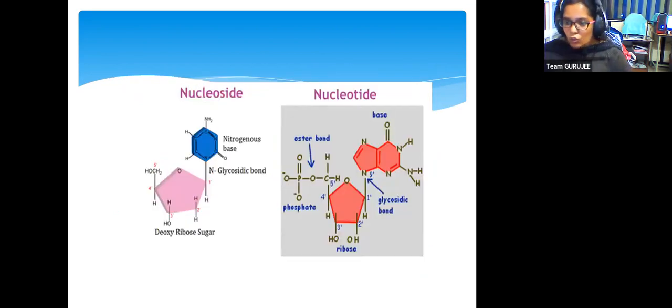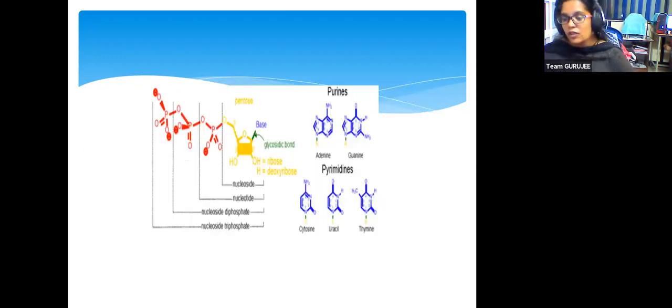There are two things present: nucleotide and nucleoside. Nucleoside is sugar and nitrogenous base combined with a glycosidic bond. Nucleotide is phosphate, sugar, and base. Three components are present in a nucleotide. Only two components are present in a nucleoside. Purines and pyrimidines. Purines involve adenine and guanine.